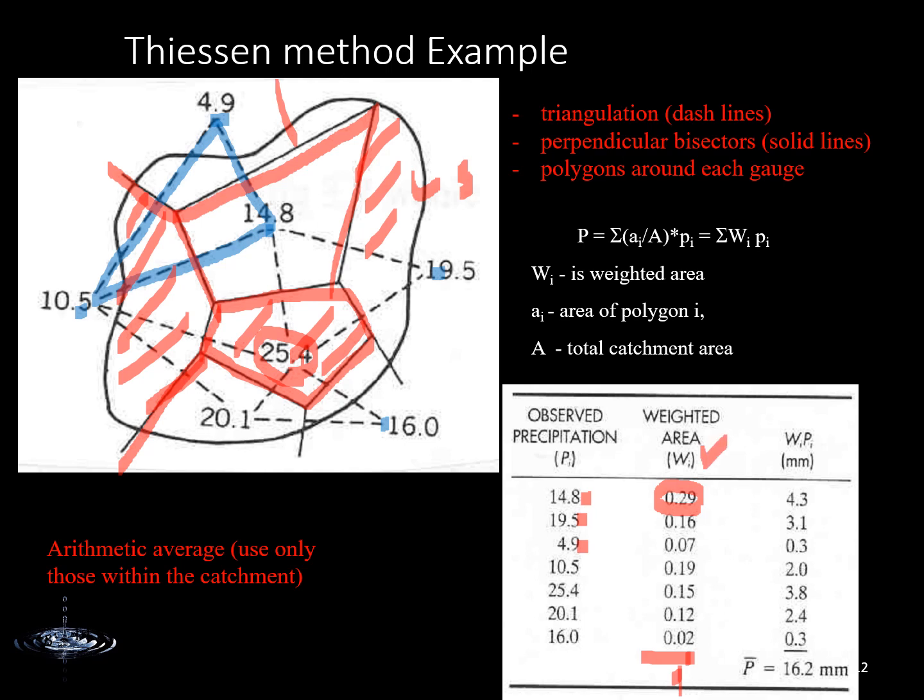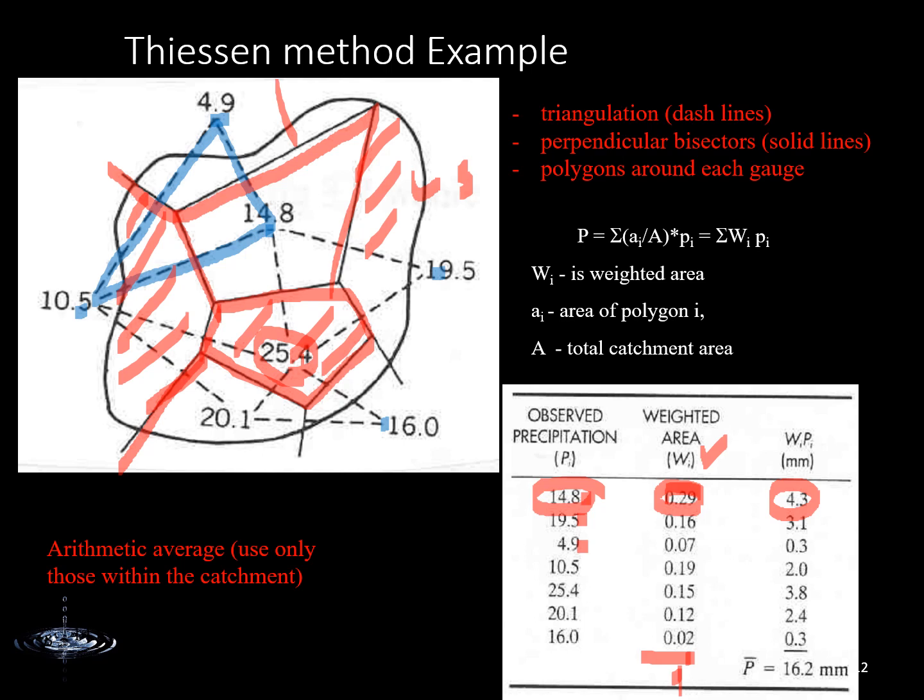And the weighted precipitation is the observed precipitation times the weight, and if you sum them up, you will get the average precipitation of the area. So here the average precipitation is 6.2.